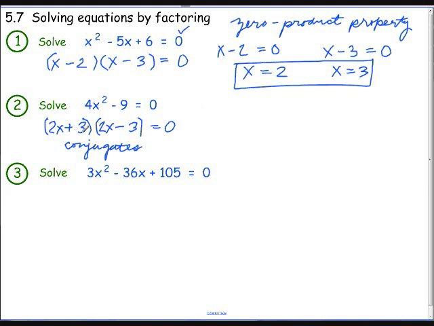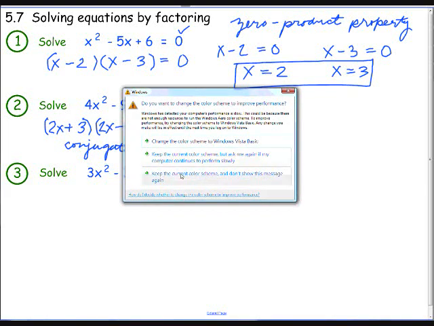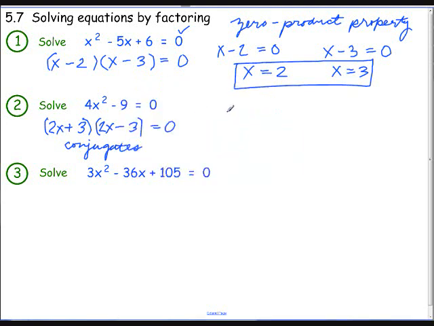I'm going to set each of these factors equal to 0. So I have my 0 and I have my product, each of those factors. 2x plus 3 equals 0. 2x minus 3 equals 0.